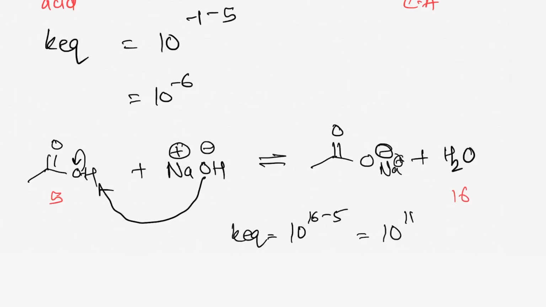This clearly tells me one of them has a Keq of 10 raised to the power minus 6, meaning the concentration of products is very small, right. 10 raised to the power minus 6 is a very small number. Whereas, in the case of the latter reaction, the concentration of products over reactants is 10 to the power 11, a really large number. So, you can see why acetic acid reacts with 2 different compounds, H2O and NaOH, differently.